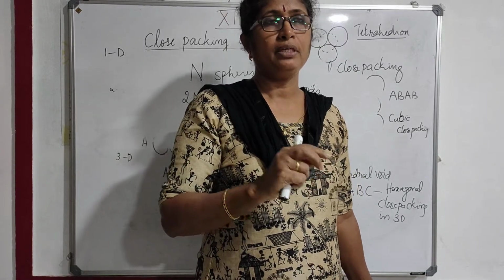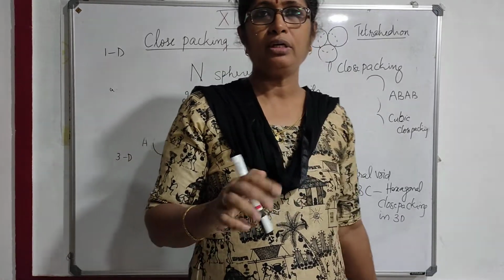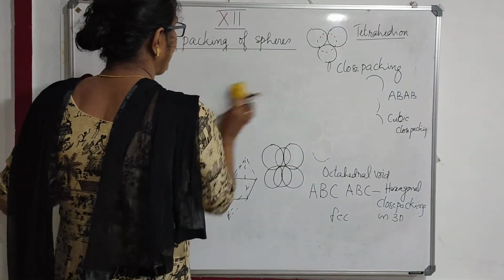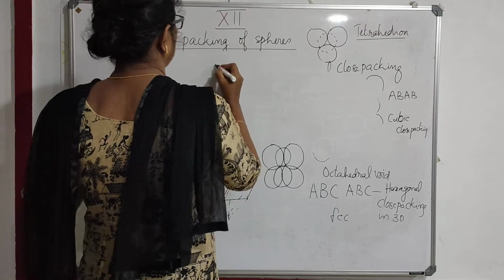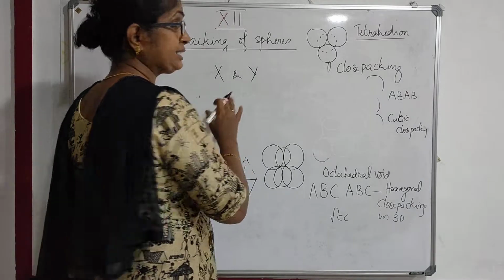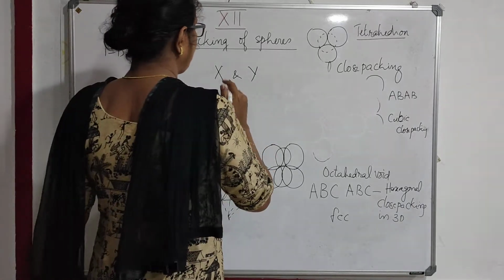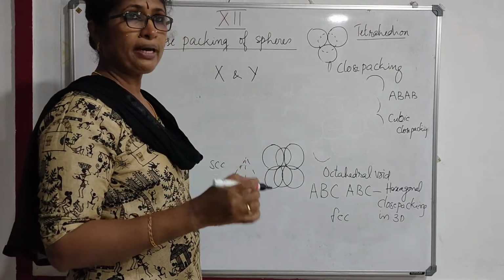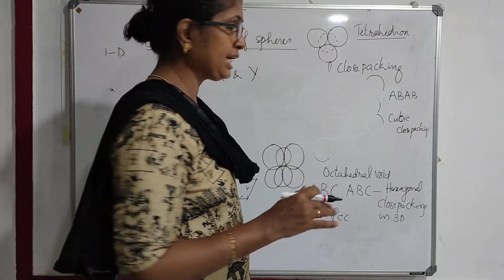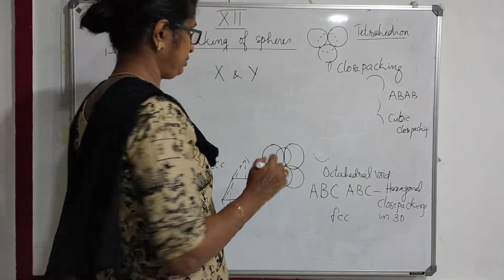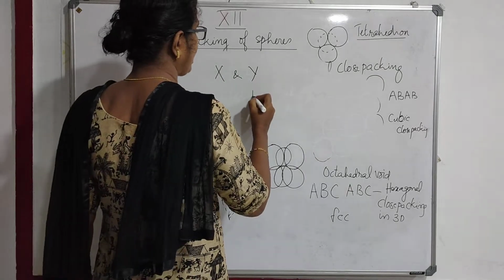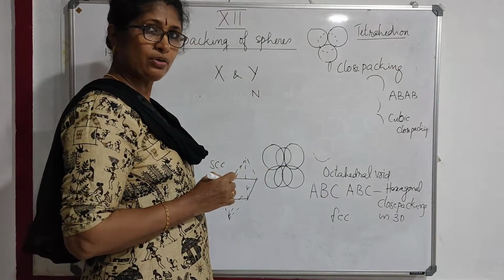For example, in a compound that is made up of two ions X and Y, Y is the anion and X is the cation. If X, the cation, occupies half of the tetrahedral voids, what is the formula of the compound? Suppose n spheres are arranged, so there are n Y anions.